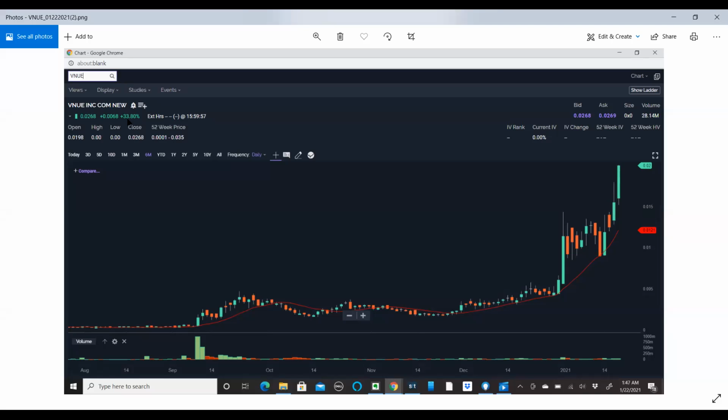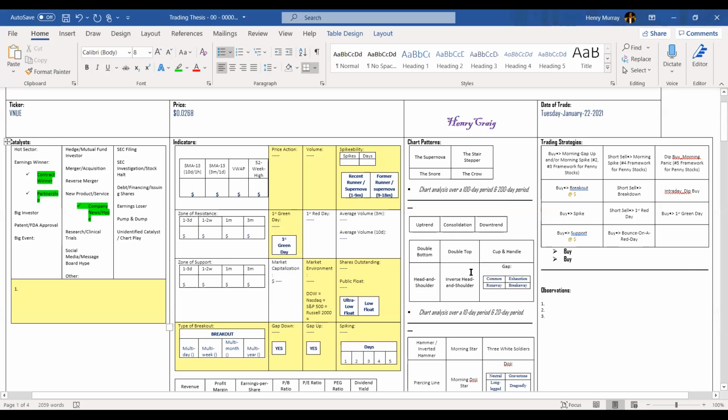And it was up 33.8%. All right, and let's put that in on our template. So VNUE was up 33.8%.